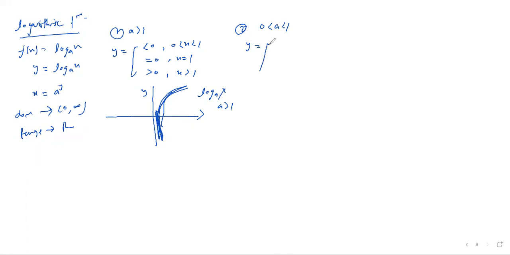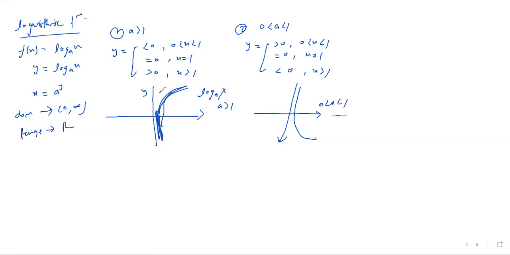Then y is greater than 0 when x is between 0 and 1, equals 0 when x equals 1, and less than 0 when x is greater than 1. Then the logarithmic graph becomes like this. So this is the logarithmic function when a is greater than 1 and when a lies between 0 and 1.